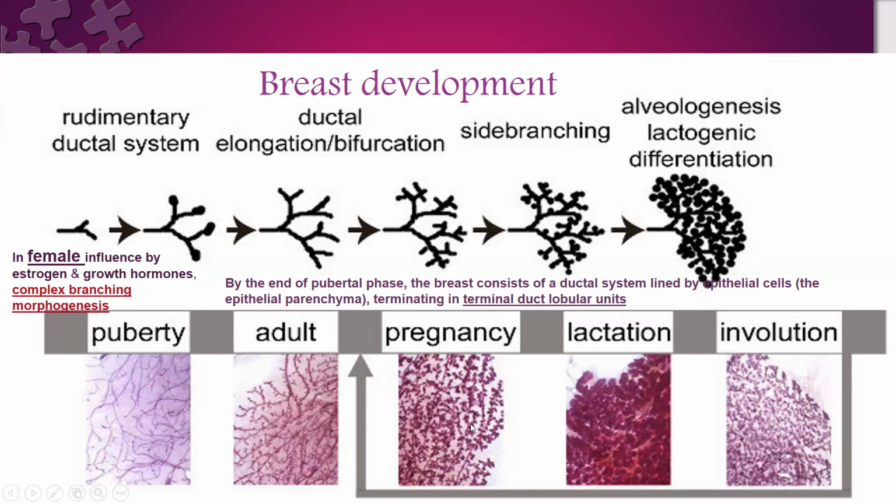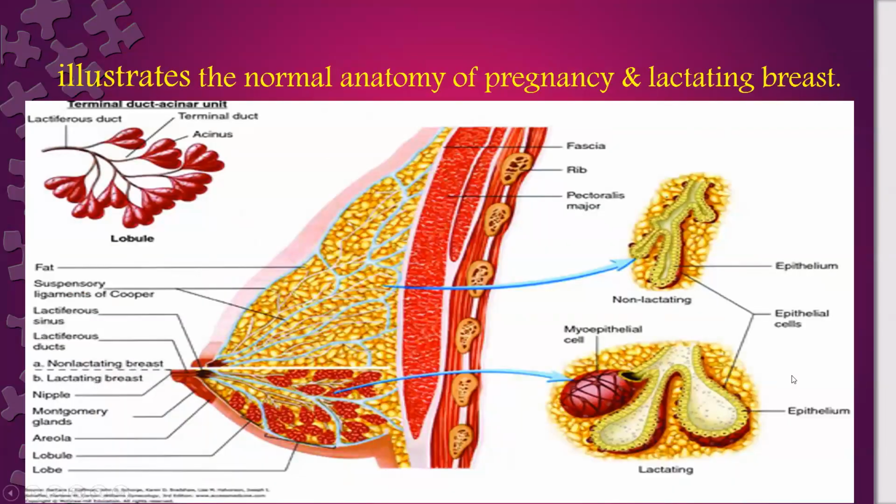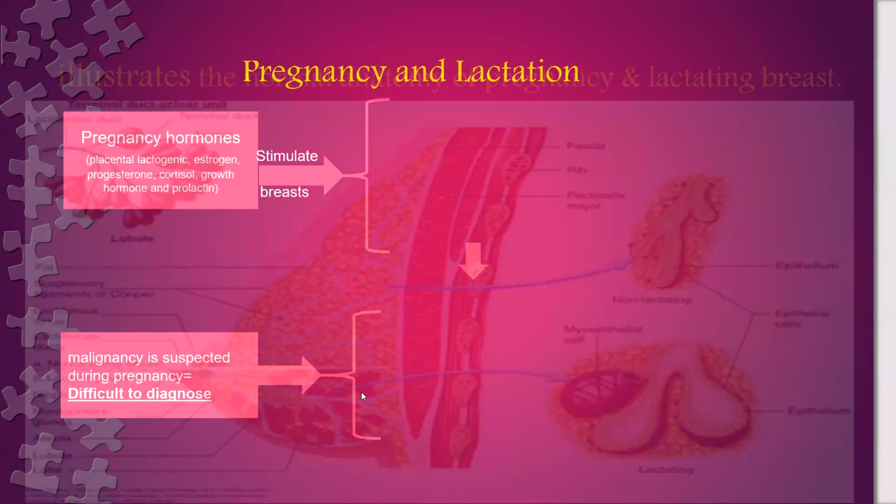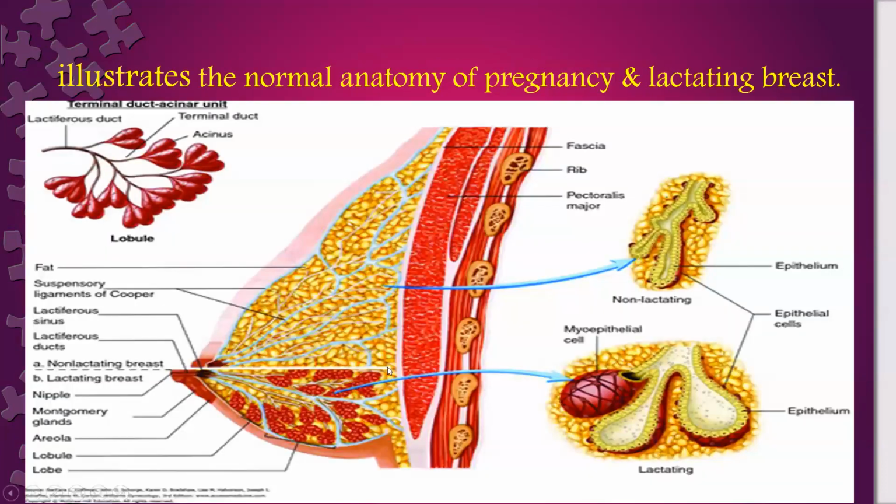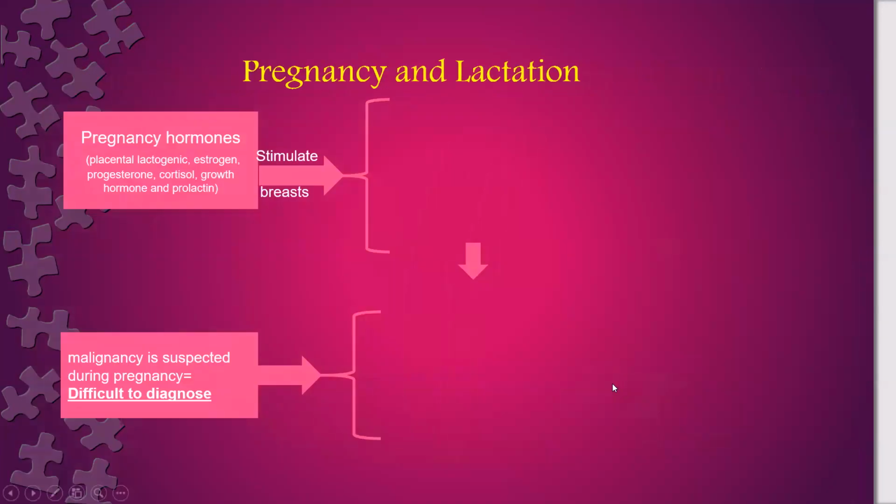They proliferate, they get numerous and larger. Can you see it here? This is a non-lactating normal breast, and this is a lactating or pregnant lady. Look how it is getting larger and more numerous. You see it here, how they are numerous and larger.